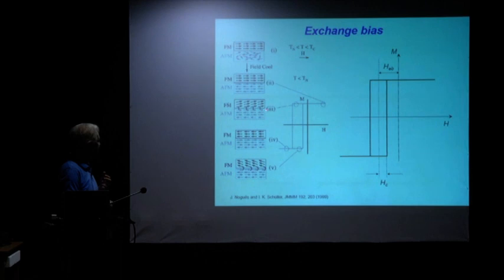We have a layer of spins looking in this direction and a layer of spins looking in the other direction. So this layer here pins this layer here. It holds it. It's like having a spring between them.